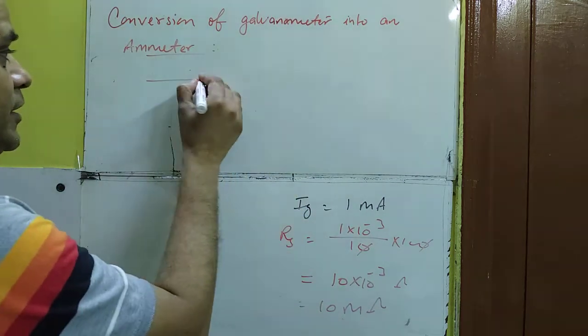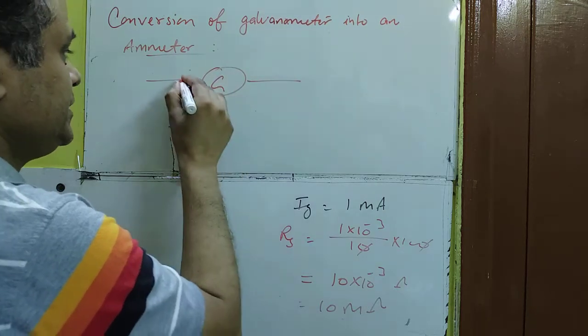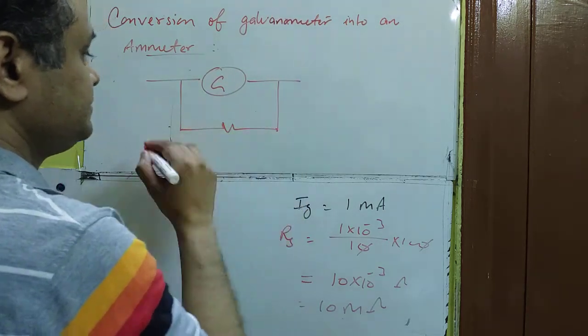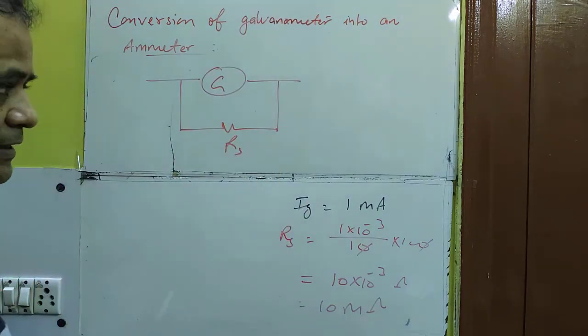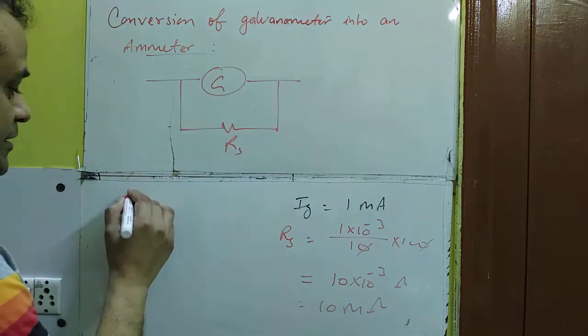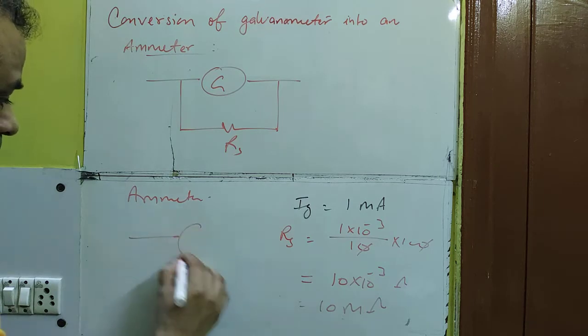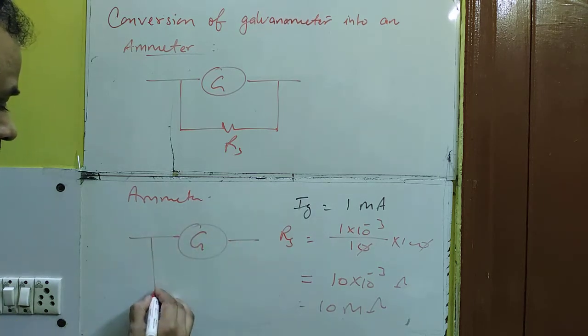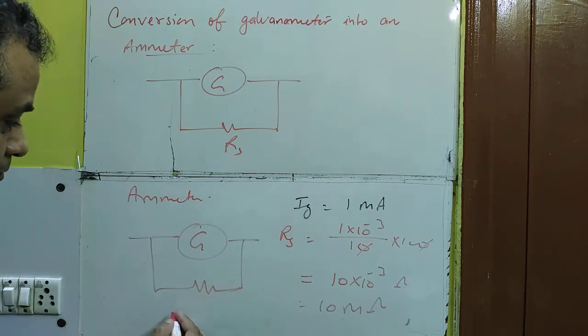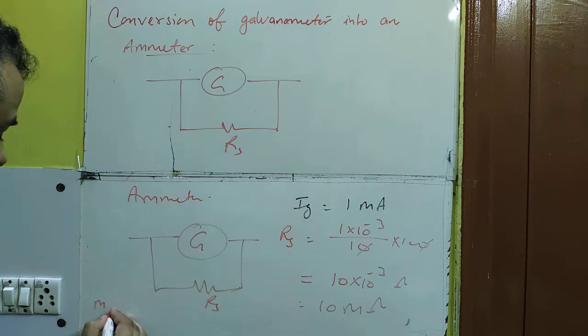If I convert a galvanometer into an ammeter, we need to connect a resistance. This is the ammeter. If the same galvanometer is converted into a milliammeter, we again connect a shunt resistance.